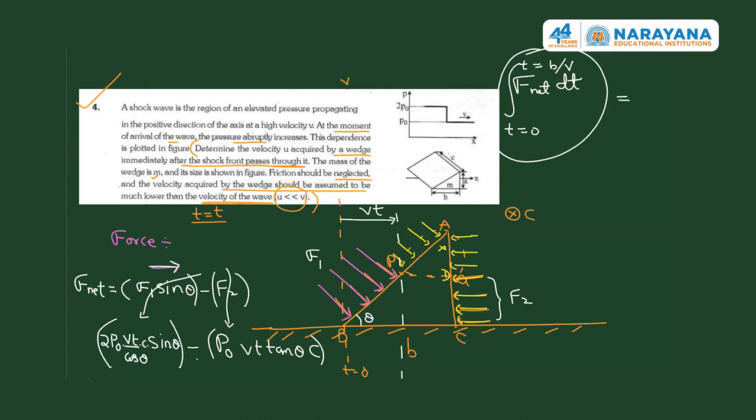And that should be the change in momentum of the wedge, so that should equal m into the velocity that it will acquire. Let's say that is u.